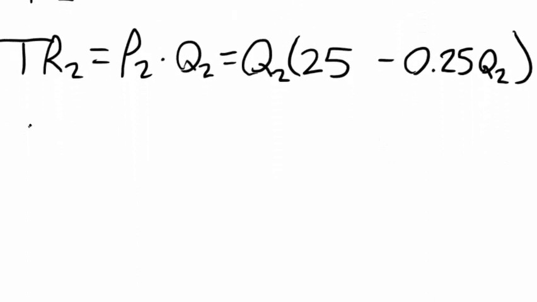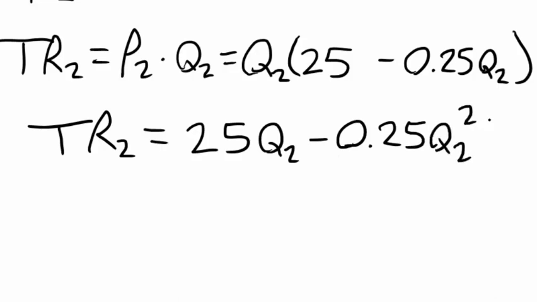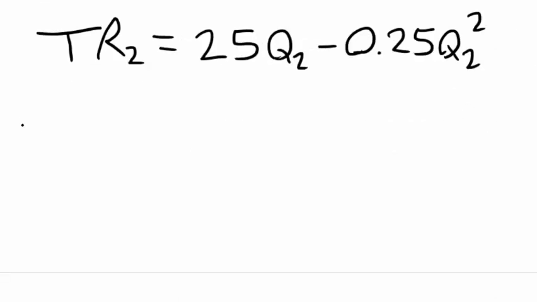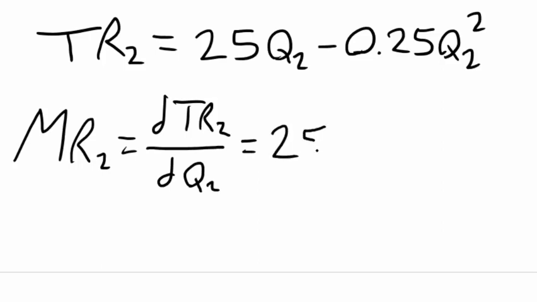Distributing that Q2, we get a total revenue 2 of 25 Q2 minus 0.25 Q2 squared. Marginal revenue is the derivative of total revenue with respect to Q, which is 25 minus 0.5 Q2.